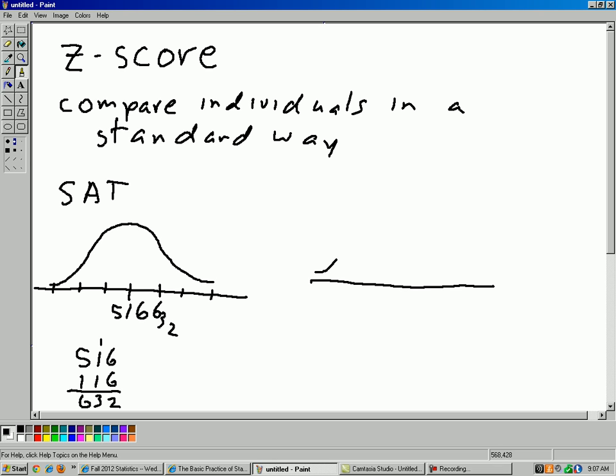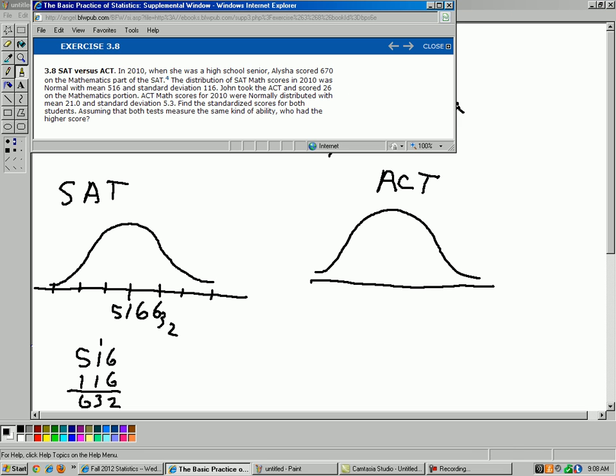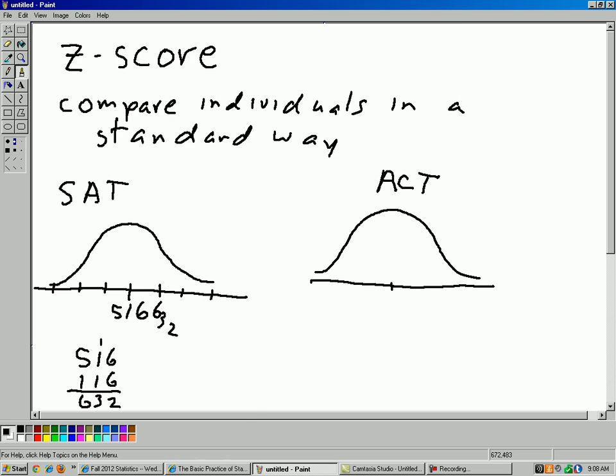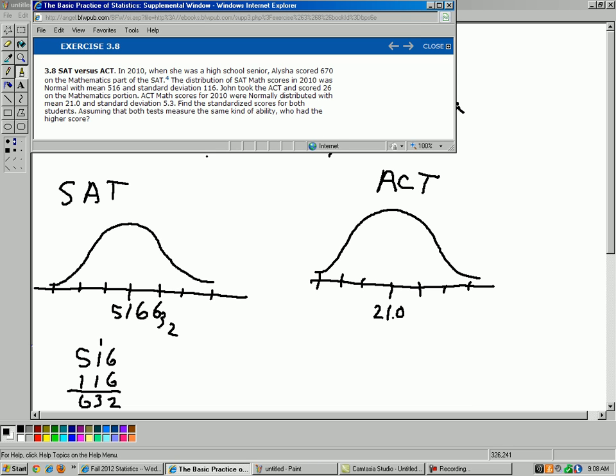Now, let's take a look at the ACT distribution. The mean score of the ACT test was 21.0. So that goes right there in the middle. And then let's go 3 standard deviations up, 3 standard deviations down, and the standard deviation for the ACT was 5.3.